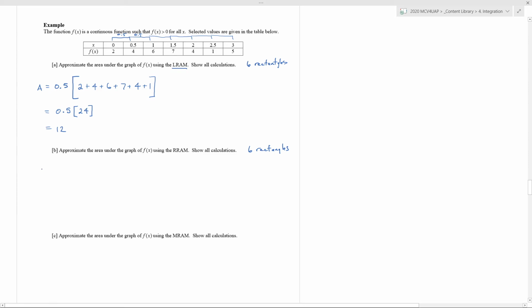So what have I done there? I've used these data points. And I just add those up, multiply by a half. 27, I think. So what's that, 13 and a half?